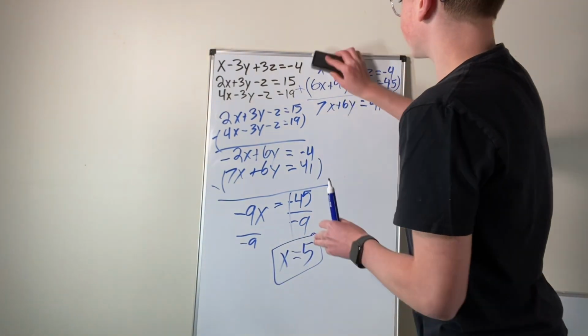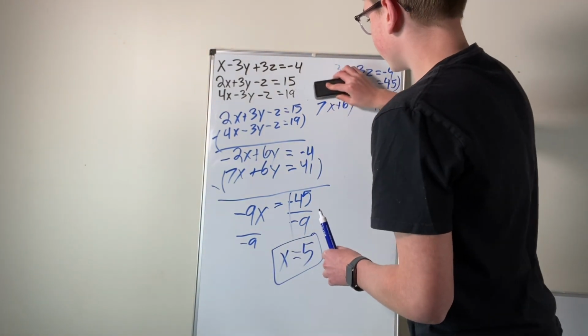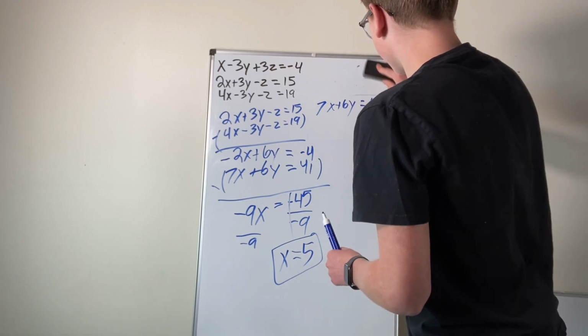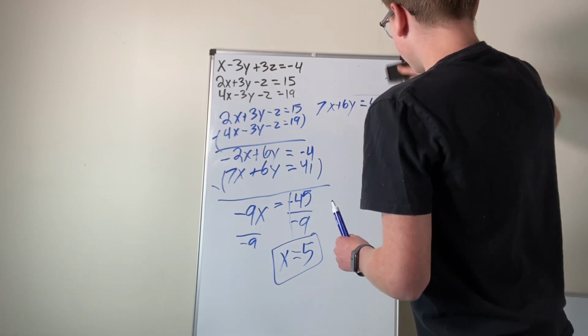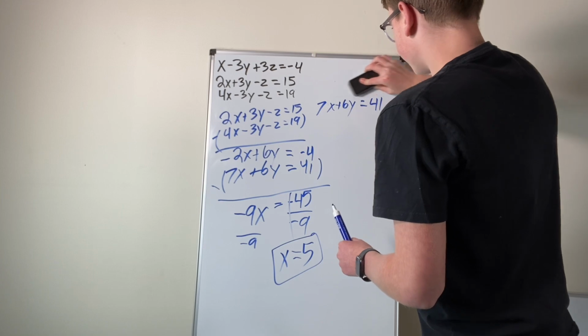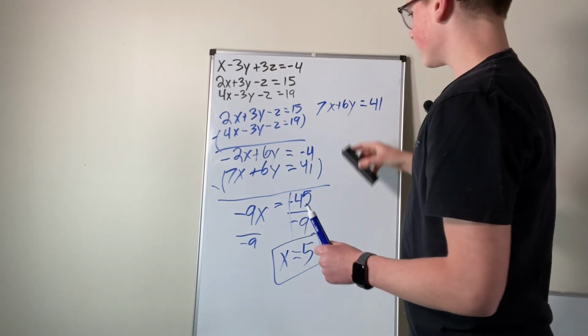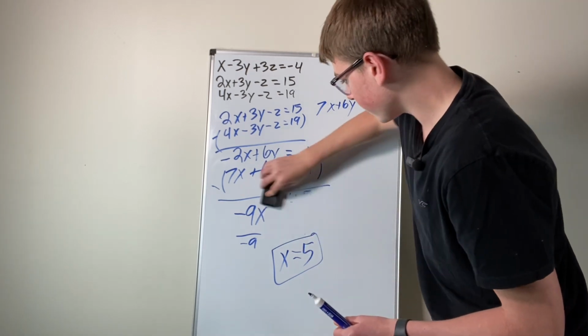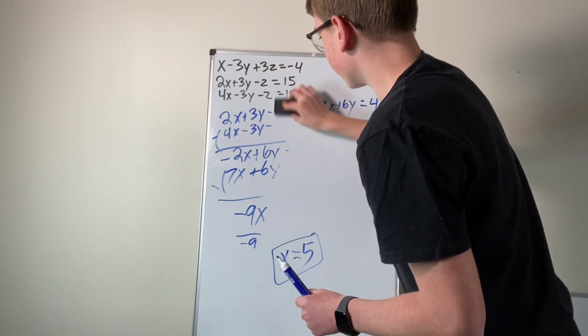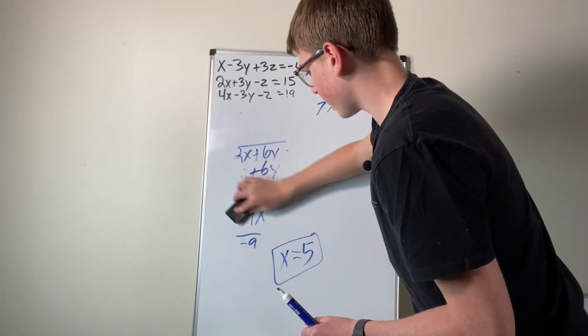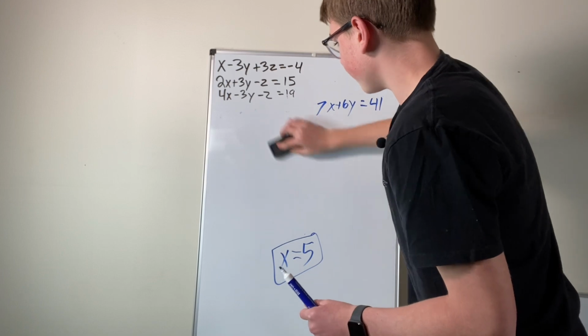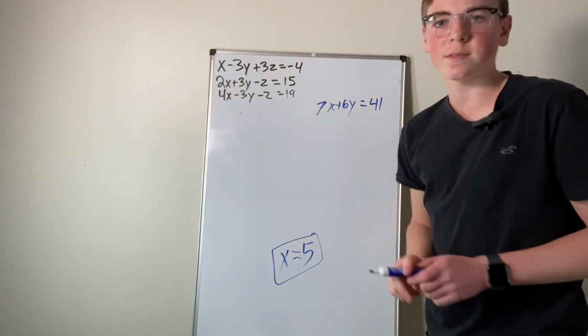Well, let's get rid of some of this work. I don't want to get rid of all of it, because I'm actually going to just plug back into one of these equations. All right? So let's choose this equation to plug back into. We can get rid of all this other work. I don't need it right now. We just have x equals 5, and then we have the simplified equation that doesn't have a z in it.